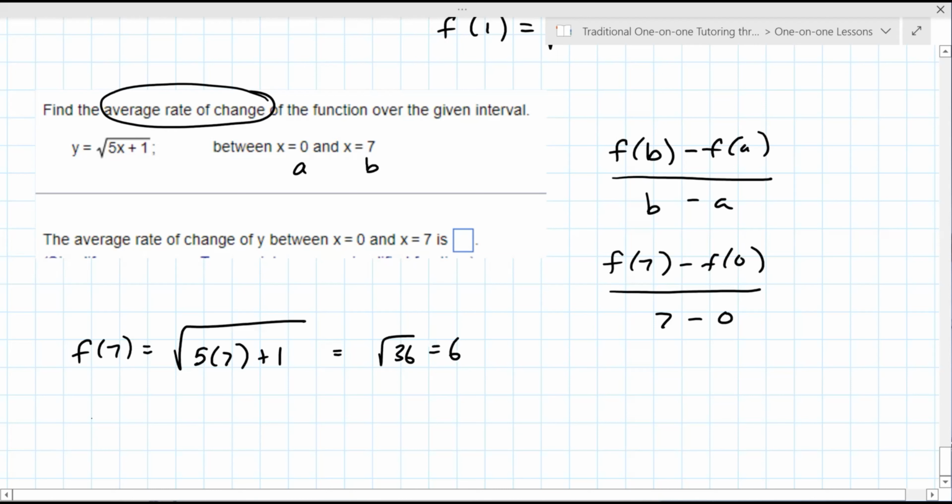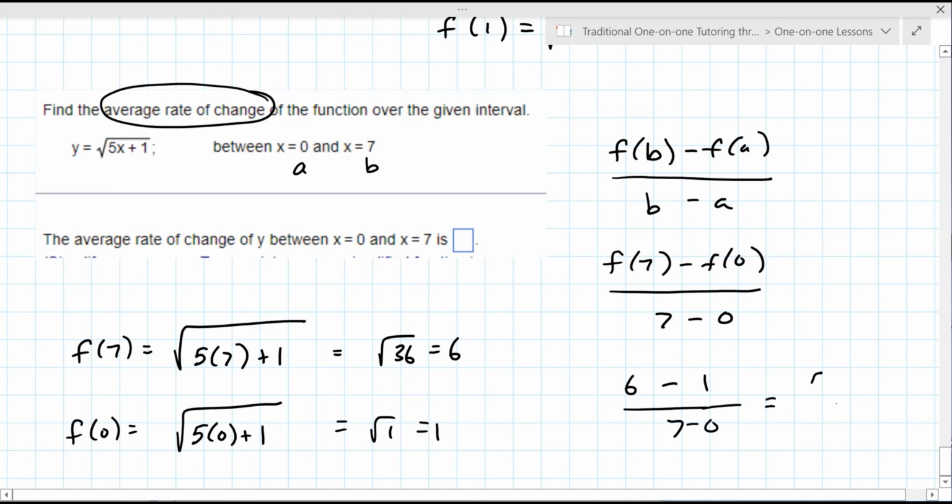And then f of 0: square root of 5 times 0 plus 1, square root of 1, which is 1. So f of 7 is 6, f of 0 is 1, over 7 minus 0. So it's 5 over 7 is your final answer.